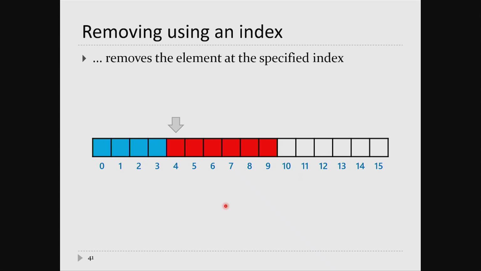So in an array-based list, adding into the middle of the list or removing from the list requires shifting up to n elements in the array. So right away, you can conclude that inserting into an array-based list or removing from an array-based list has complexity big O of n.